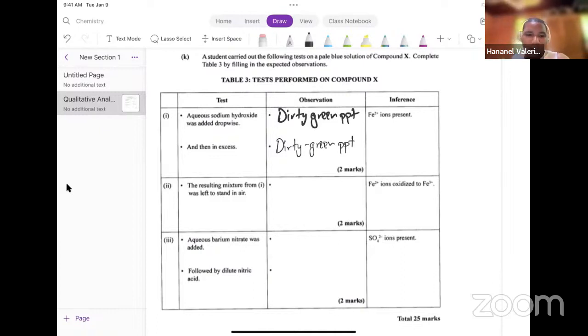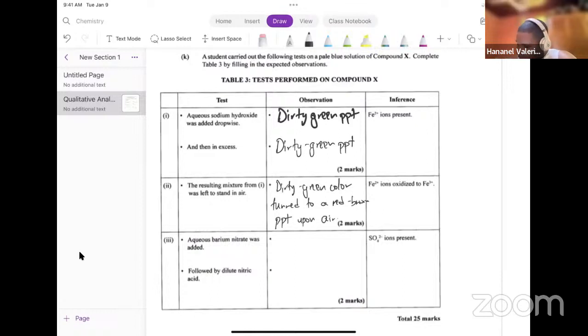Now, as we mentioned before in the PowerPoint presentation, the iron 2 in the presence of oxygen will oxidize to iron 3+, meaning that we should say that the dirty green color turned to a red brown precipitate upon standing in air, okay?